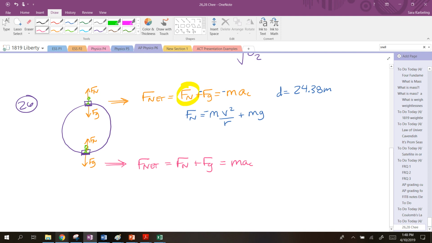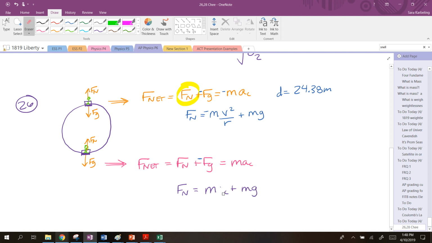Fn is positive. Fg has to be negative. The net force is positive. So in this case, we only have one that's negative. So when we write this out, we've got Fn equals m a sub c plus mg.